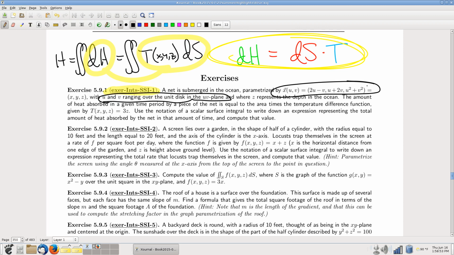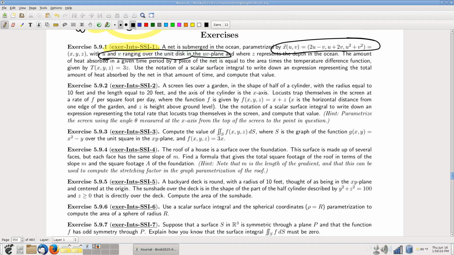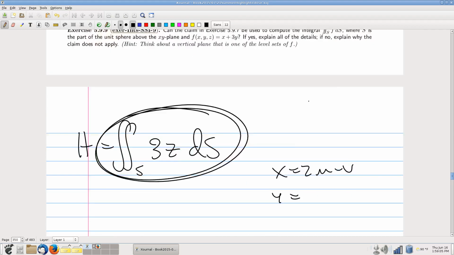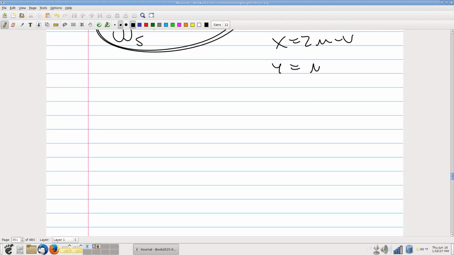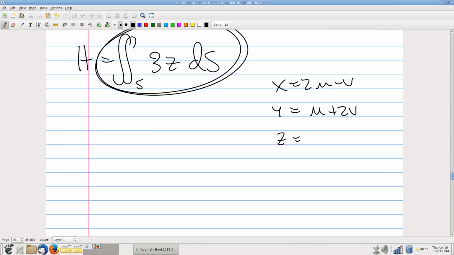Starting with that formula, let me recopy: x is 2u minus v, y is u plus 2v, and z is u squared plus v squared.